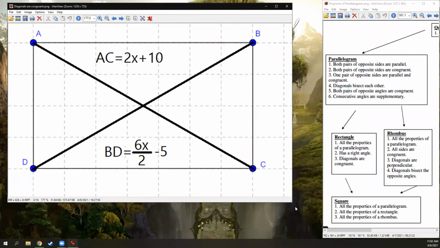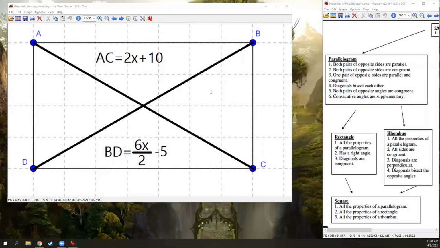All right, I made this one needlessly complicated on purpose so that those of you who are having issues with algebra can see how I solve it. Okay. So in this question, it says AC, that is this entire line, is 2x plus 10.